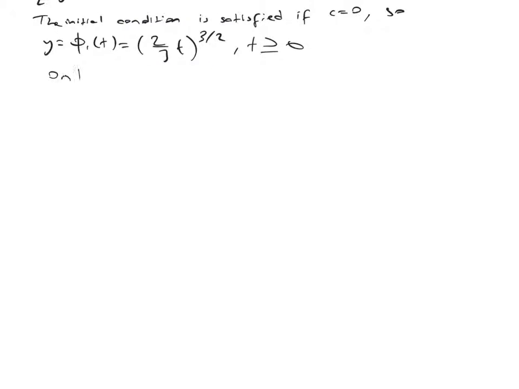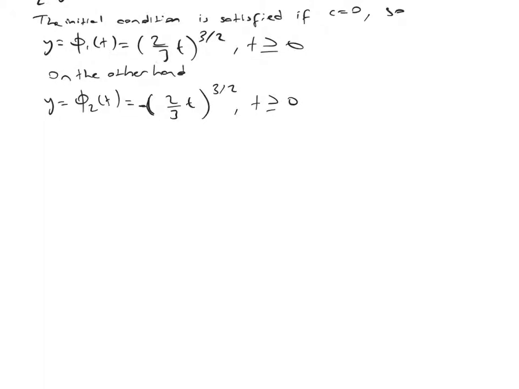On the other hand, y is equal to phi 2 of t is equal to minus 2 over 3 times t, to the 3 over 2, and t is equal or bigger than 0, is also a solution of the initial value problem.